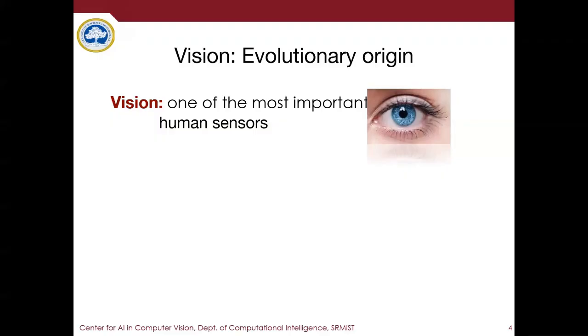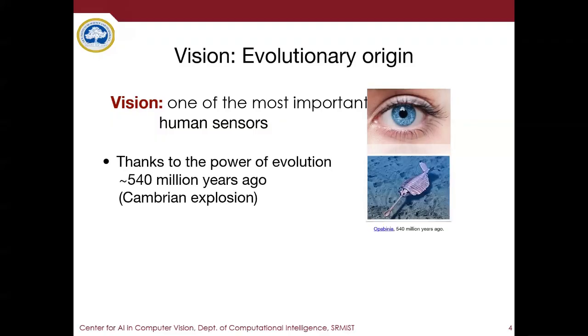This comes to the power of evolution, which happened around 540 million years ago during the Cambrian explosion. That is the origin of the vision system, which came into the biological world for the first time.